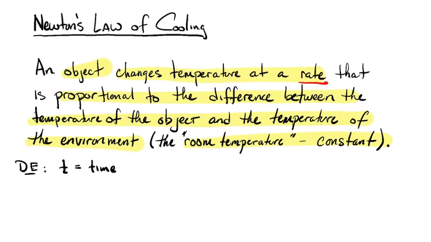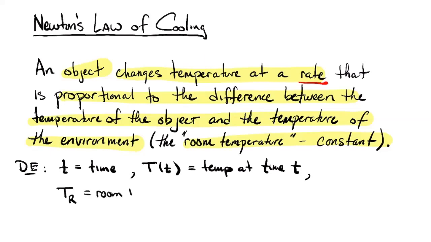So we're going to take little t to be time, and then let capital T, which depends on time, equal the temperature of the object at time t. All right, and then we have some other constant in here, actually two of them. Let's let, say, T sub r equal the room temperature.